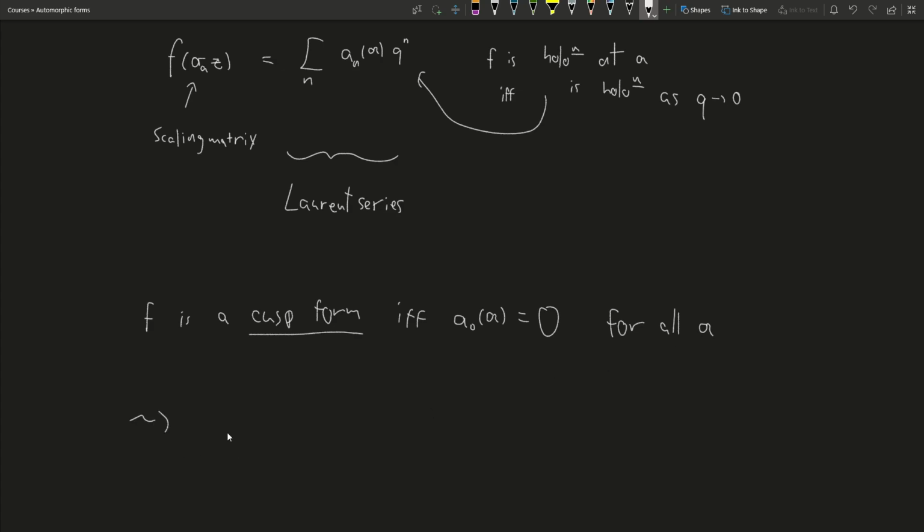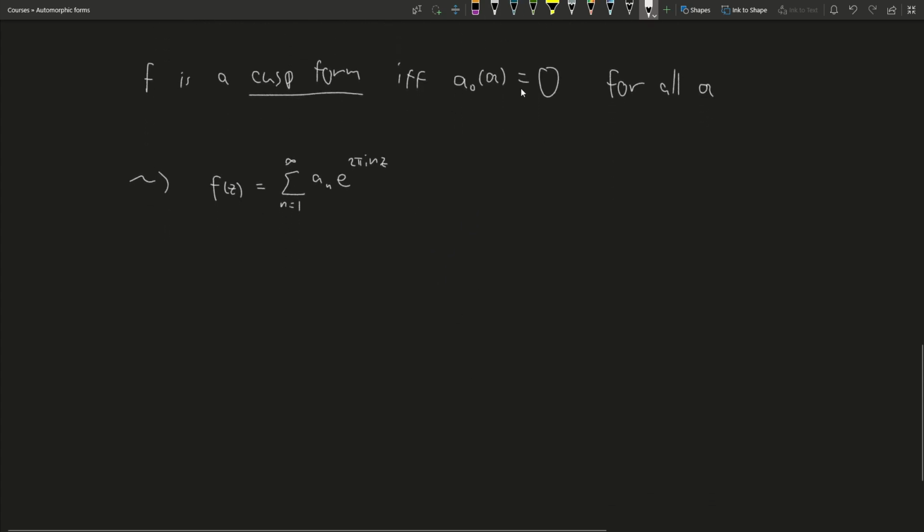Basically what we're saying is that your function f of z is written as a sum from n equals 1 to infinity of a n e to the 2 pi i n z. And if it's a holomorphic modular form but not a cusp form, then this would start at n equals 0. Okay, so that is our holomorphic modular form and our cusp form.